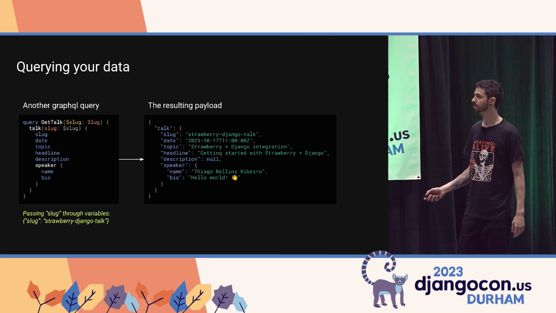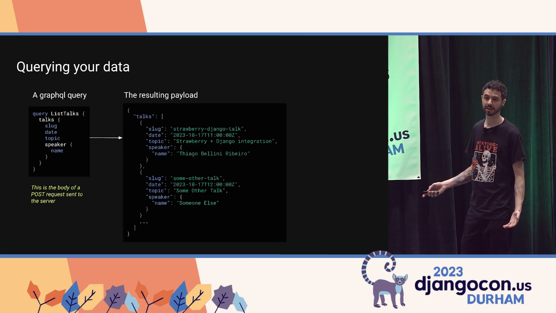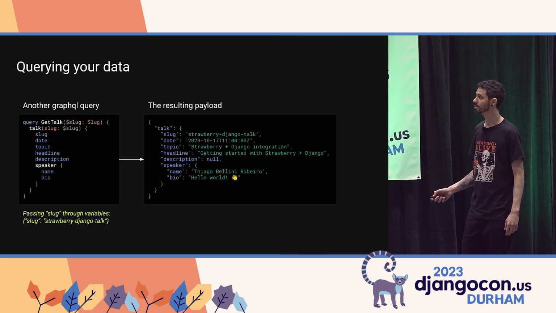Another example would be, in this one, I retrieved the list of queries. In this one, I am retrieving a single query. In this, I am passing the slug as a variable. I can define it and pass as many variables as I want.